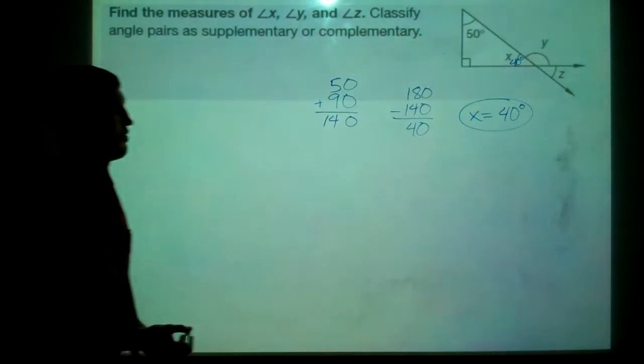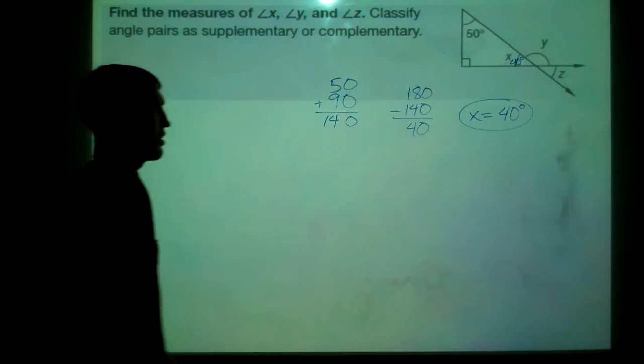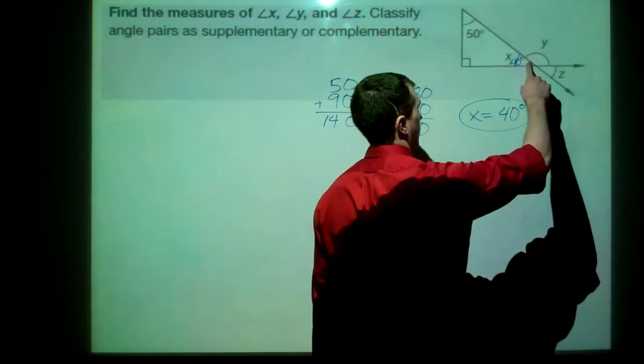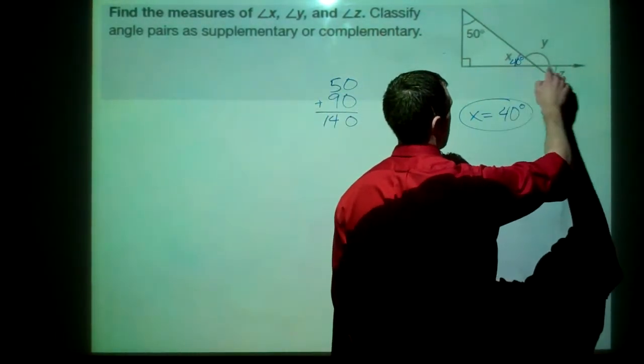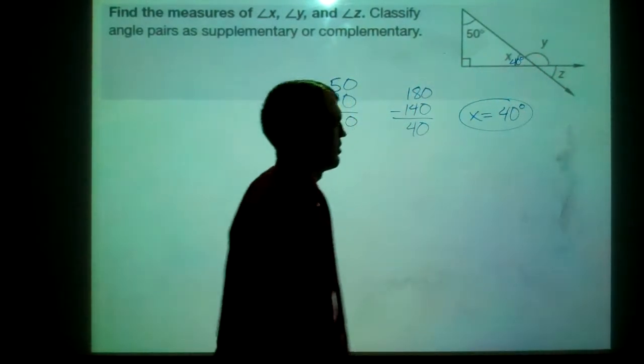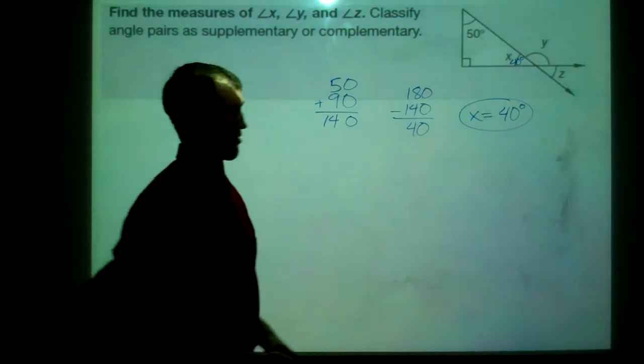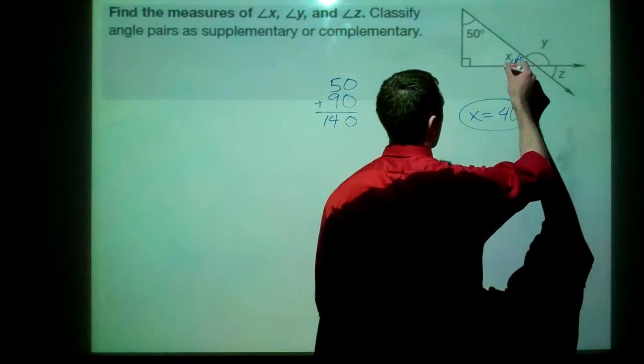Okay. So then let's take a look at y. Angle y and angle x form a straight line together. So that means y and x are supplementary. They have to add up to 180 degrees. This is a straight line right here.